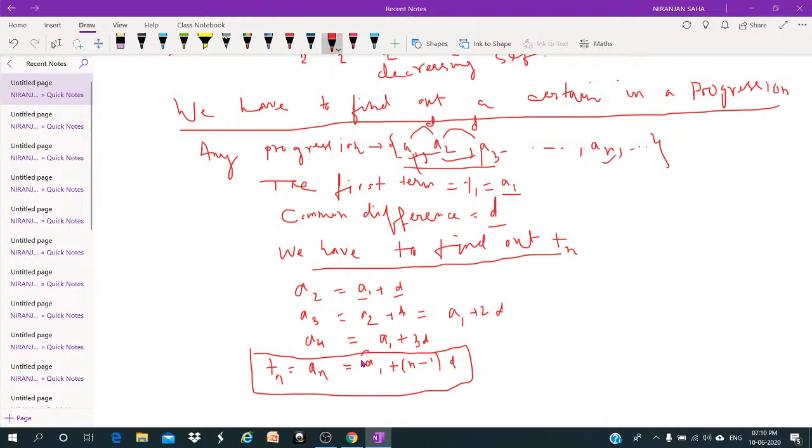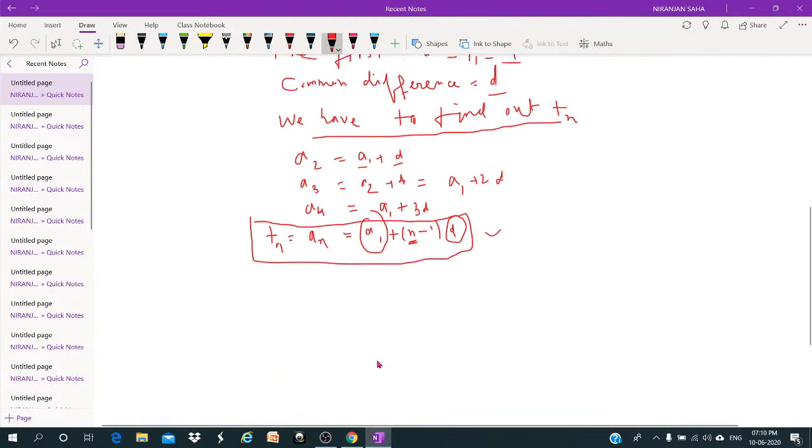We just need the first element, the common difference and the number of terms.